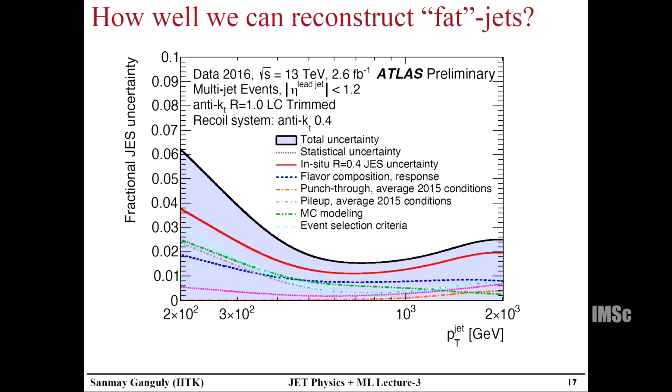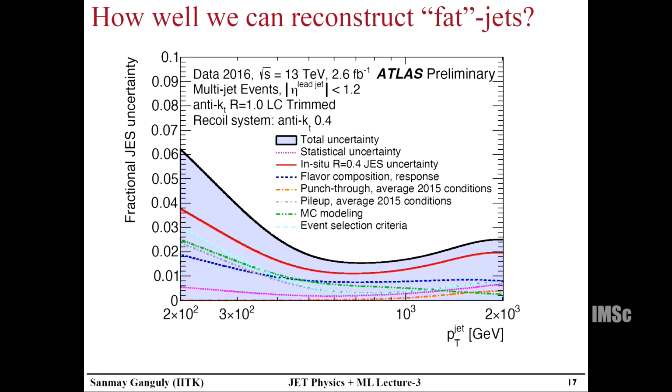Okay, great. This is another plot which we experimentalists always ensure to reproduce from raw data. We talked about large radius jets, but we need to ensure that what we are calling a jet in experiment does make sense, and we make it happen by producing something called the jet energy scale plot.